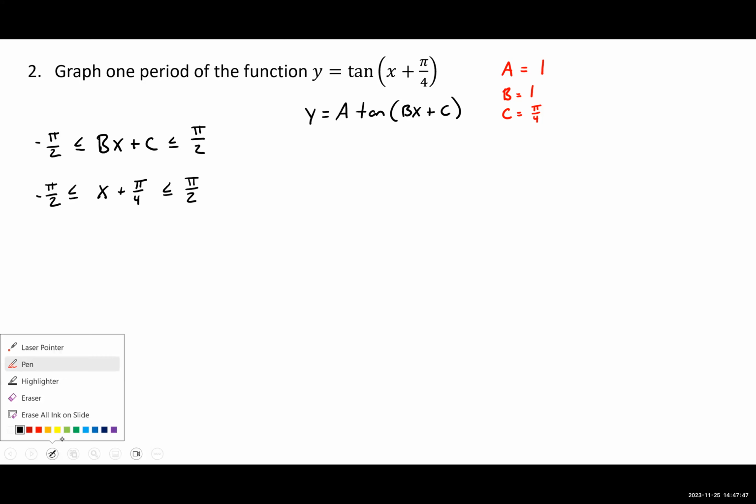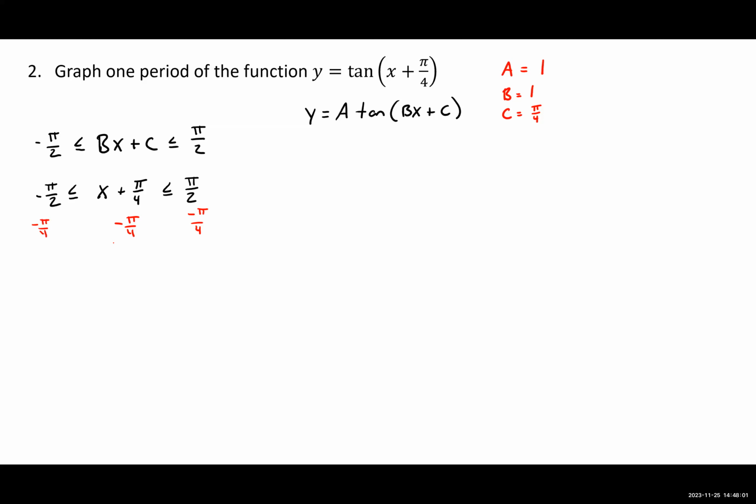Well, get x by itself. We got to get rid of that plus pi over 4. So let's subtract pi over 4 from the left, from the right, and from the middle of this compound inequality. And so that pi over 4 and negative pi over 4 in the middle will cancel. So we'll get x.